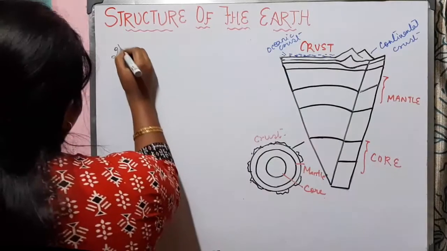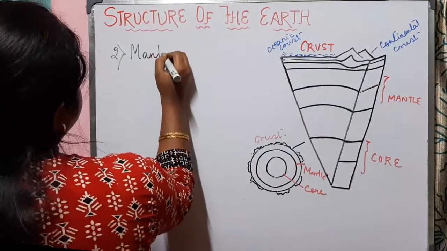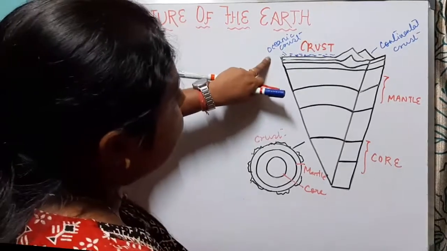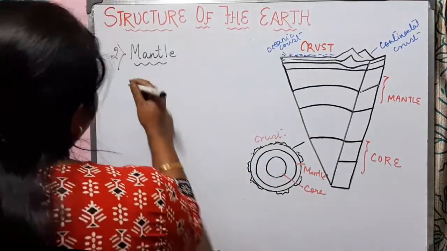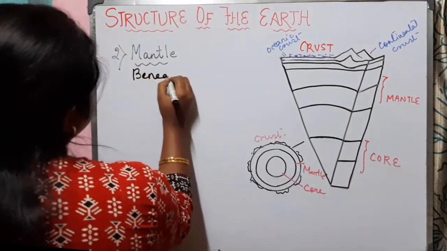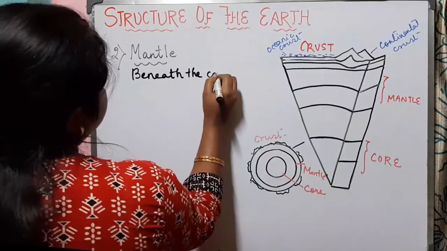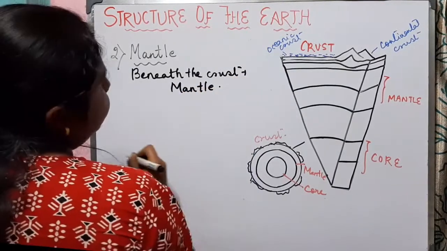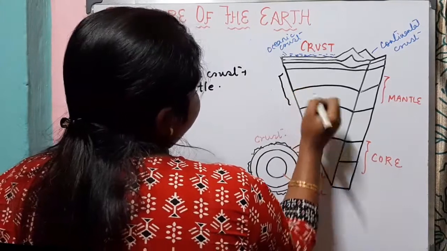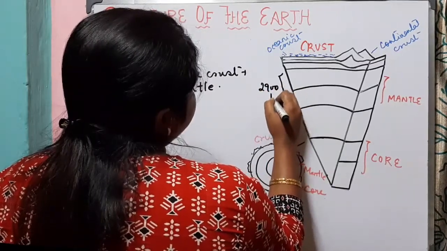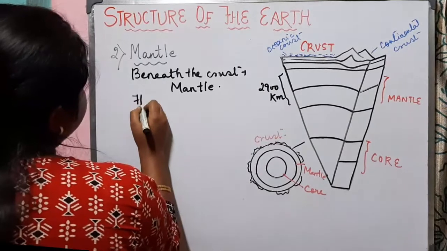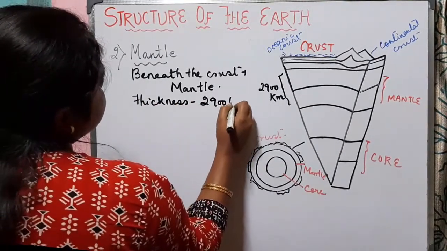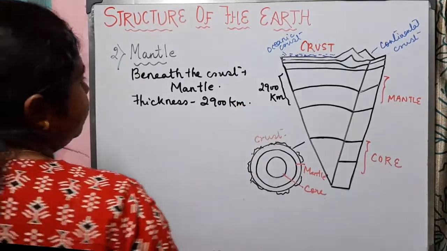So, the next layer is the mantle. Mantle is the layer beneath the Earth's crust. The thickness of the mantle is 2900 kilometer.